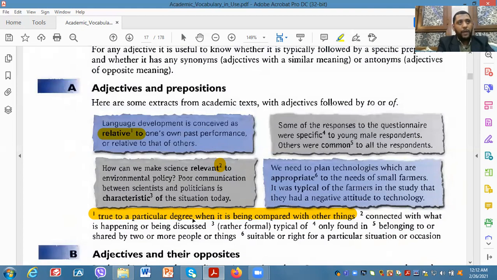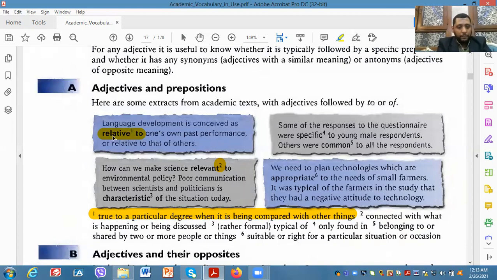If we have a scale from 0 to 100, let's say it's true 70%, or 80%. We need to keep that in mind. True to a particular degree when it is being compared with other things. This is the meaning of relative to.